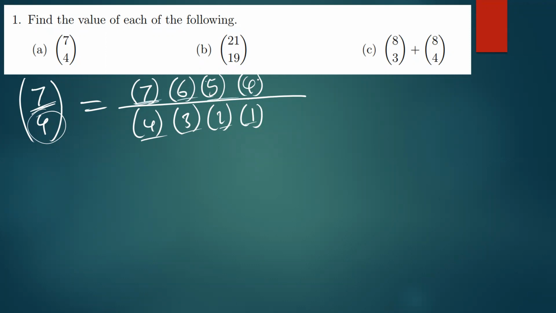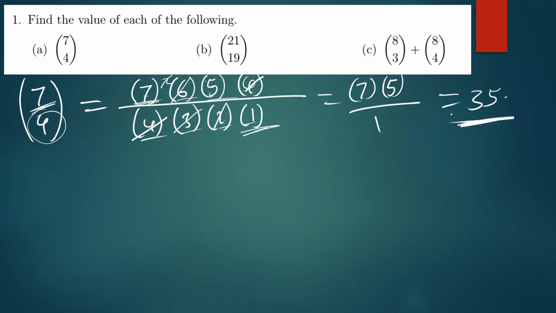So from there, we can just start canceling. 3 into 6, 2, 2, and that 2 goes. So I just want to remain with 7 and 5, and then on the denominator we'll just remain with 1.